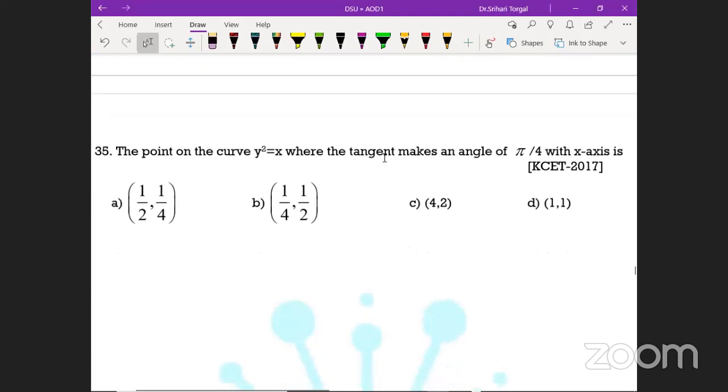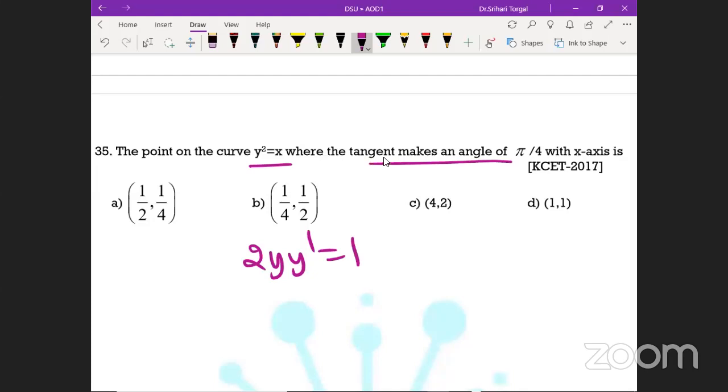The point on the curve y² = x where the tangent makes an angle π/4 with the x-axis. What is that point? They are asking. The tangent makes an angle π/4 with the x-axis, right? Differentiating, 2y y' = 1.